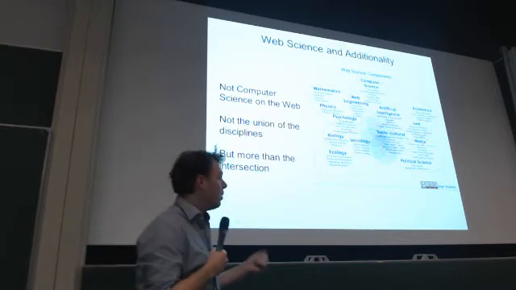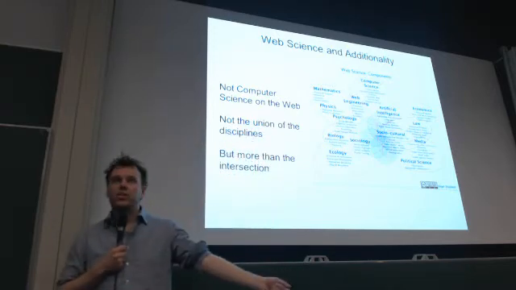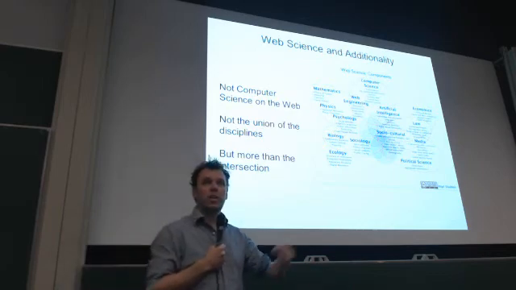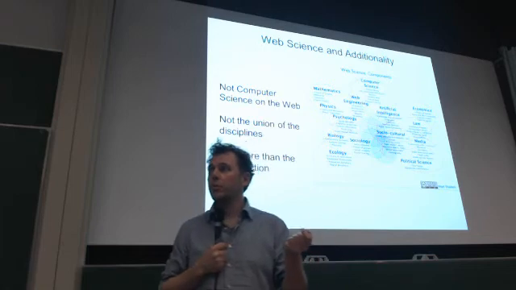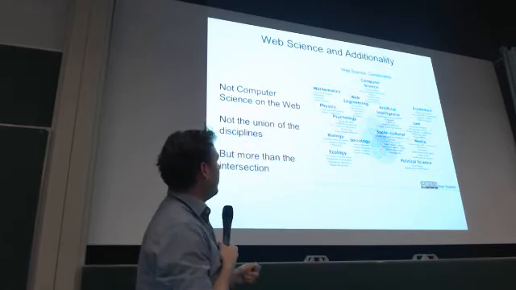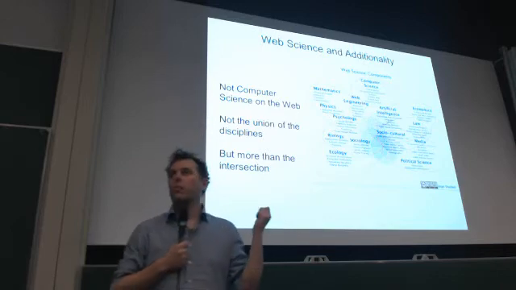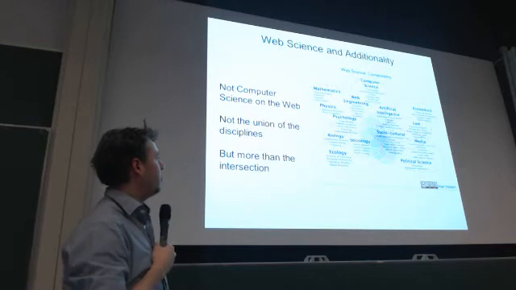So what kind of things appear on the web? Political science: how do politics work, and how are they changed on the web? Is politics the same on the web, just on a different platform, or has politics fundamentally and forever been changed? We'll show some examples later on. Also mathematics: what are the mathematics of the web? How does it look from a statistical point of view, or from a network point of view?